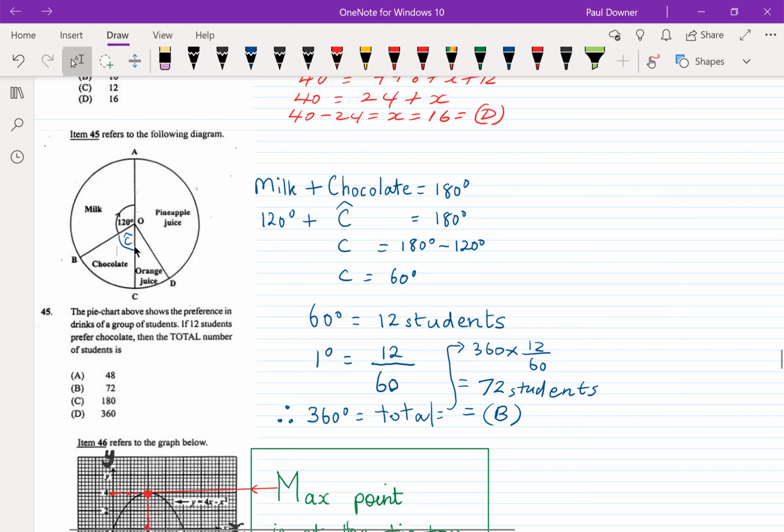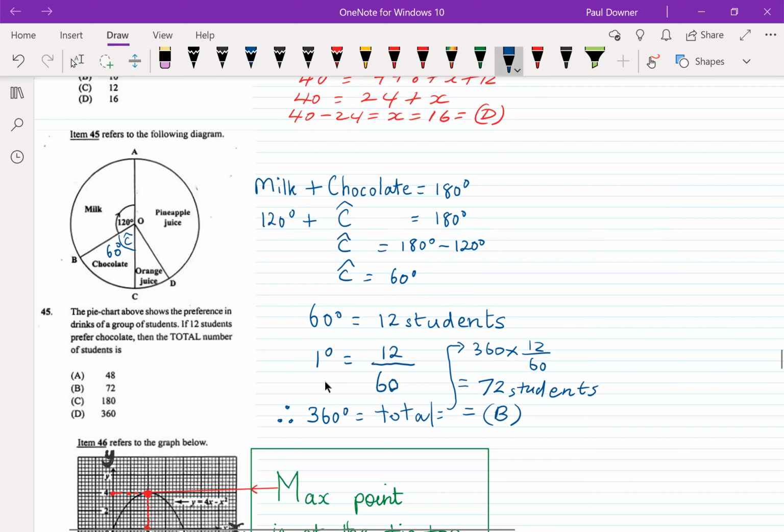So I want to find that angle, and that's why I went through saying that 120 plus C must be 180. Therefore, the angle C is going to be 180, take away 120, right? Minus 120 on both sides, or bring this over and change the sign to negative. So 180 minus 120 is 60. So it tells me that that angle where the chocolate is actually 60 degrees.